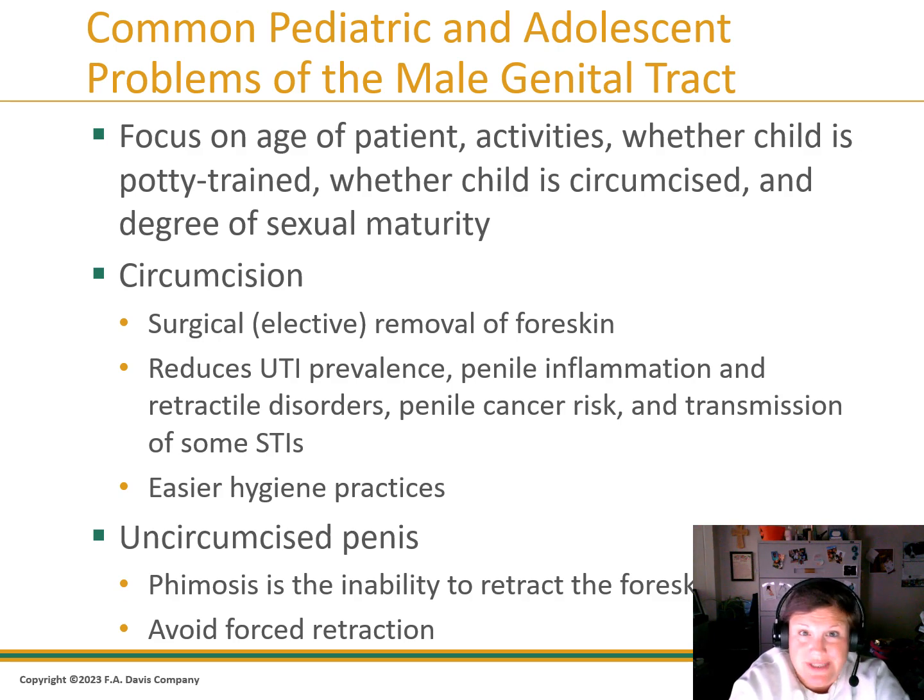It does reduce cancer risk in terms of penile cancer, and it also can help to minimize transmission or spread of some sexually transmitted infections. All in all, for those who are circumcised, the practices for hygiene are generally easier because they're able to do a more thorough job.